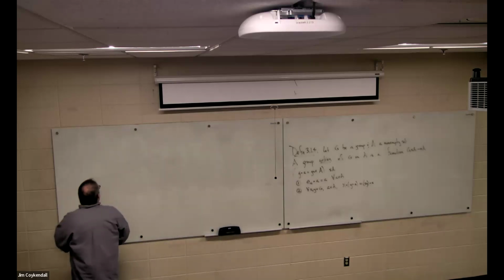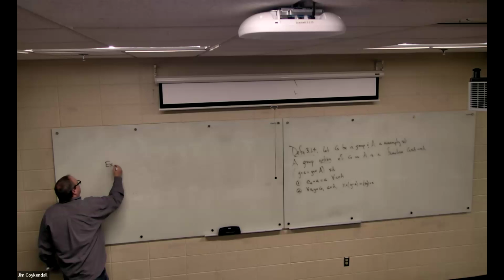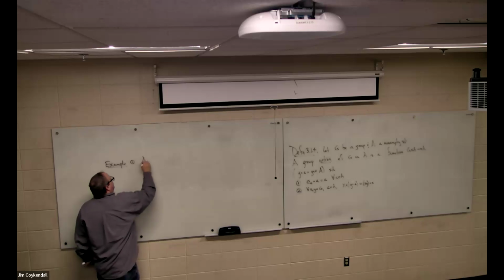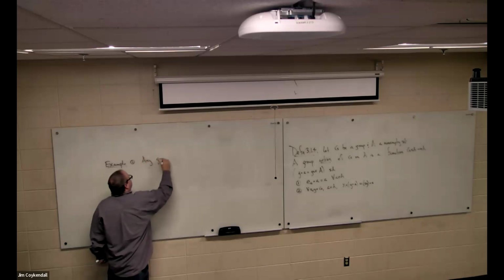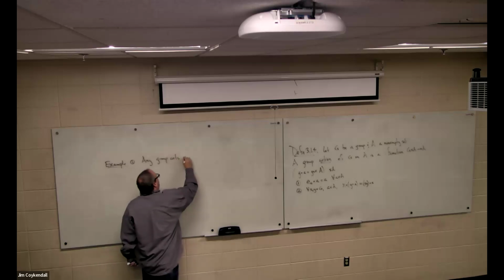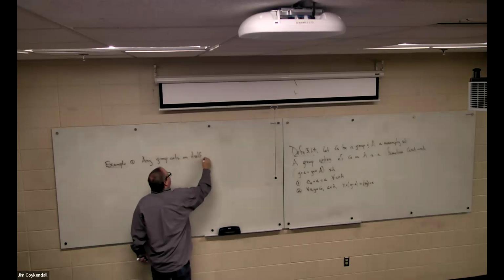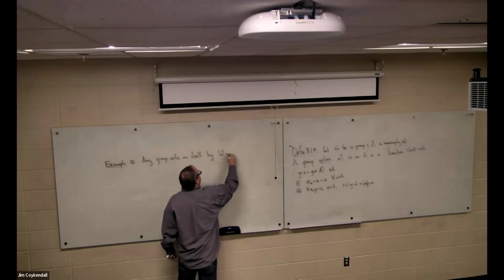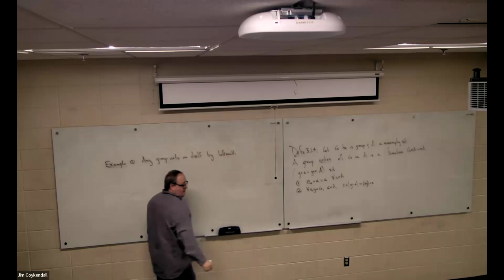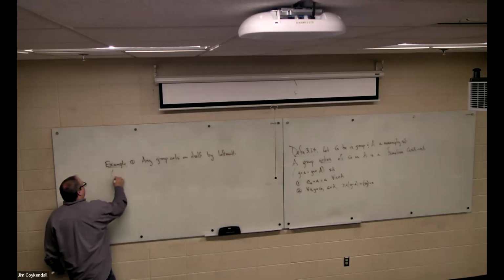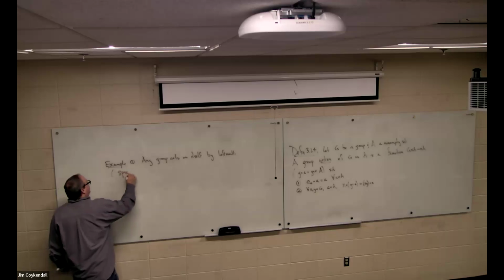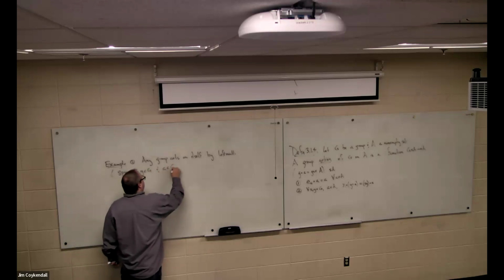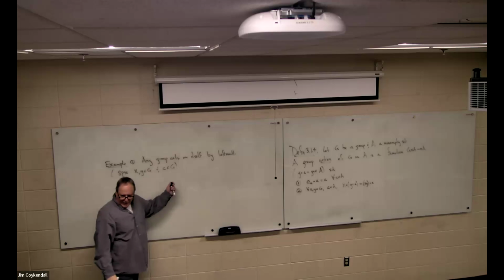Example one. The group acts on itself by left multiplication. So we'll suppose here X, Y is in G and A is in G. Why did I write them separately?